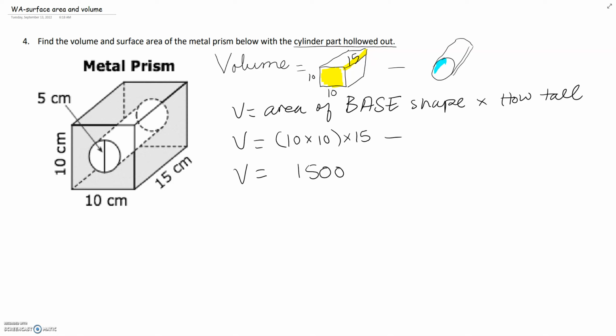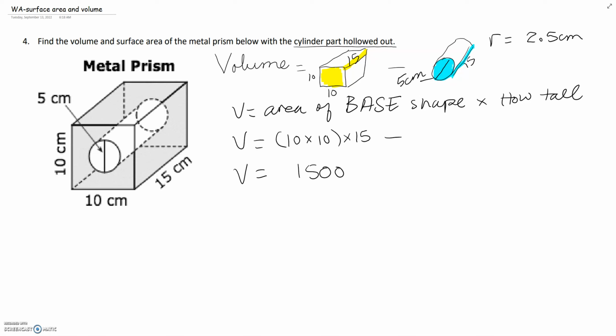For the cylinder, the base shape is a circle, and how tall is this part? It is still 15. The circle has a diameter of 5 centimeters, so the radius must be 2.5 centimeters, because the radius is half of the diameter.